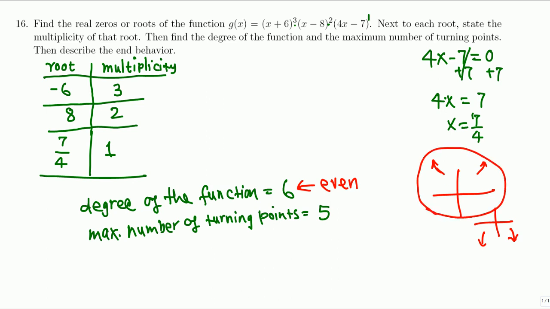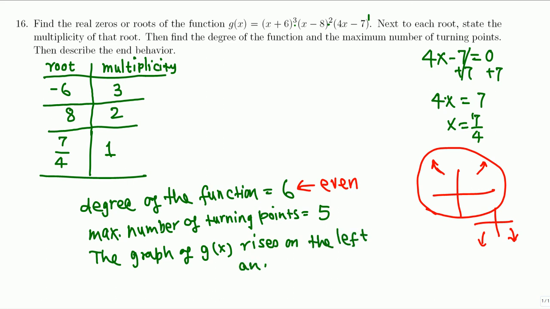So we write the graph of the function this way: it rises on the left and also rises on the right. That's the end behavior. We don't know what happens in the middle, but eventually both sides go up.